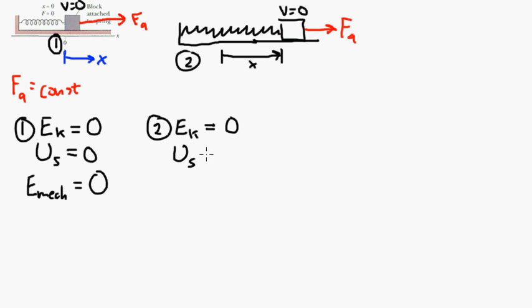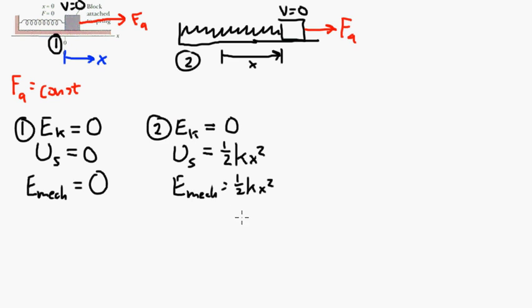So it's not technically a rest, but it started with no speed, and now it also has no speed, and it's about to start snapping back. So kinetic energy is 0. At this point spring potential energy is not 0. Spring potential energy is 1/2 k x squared, which means total mechanical energy is 1/2 k x squared.